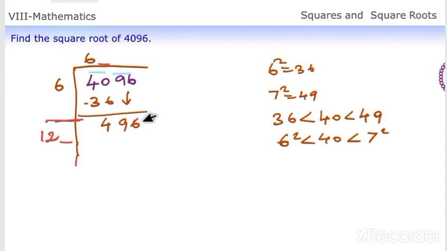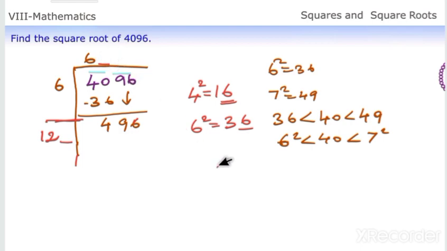Which number's square will give the unit digit 6? 4 square gives a unit digit of 6, and 6 square also gives a unit digit of 6, that is 36. So the unit digit must be either 4 or 6.